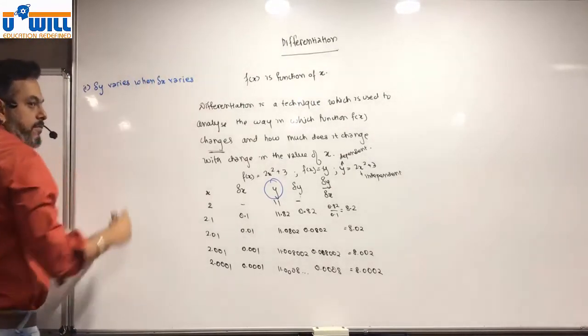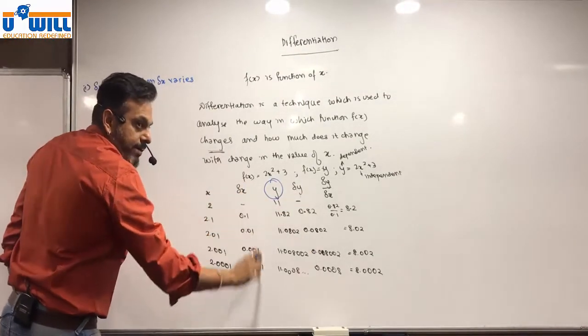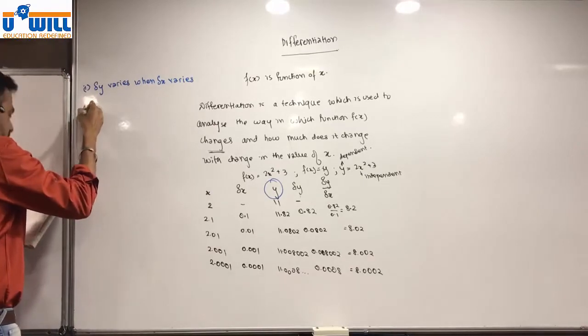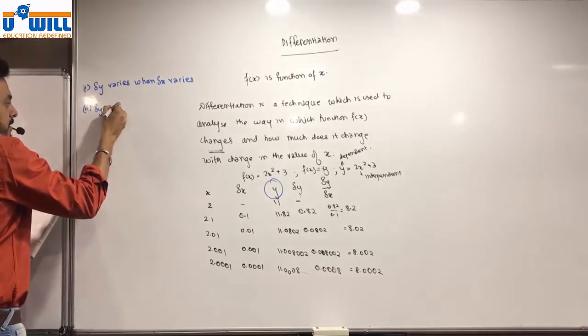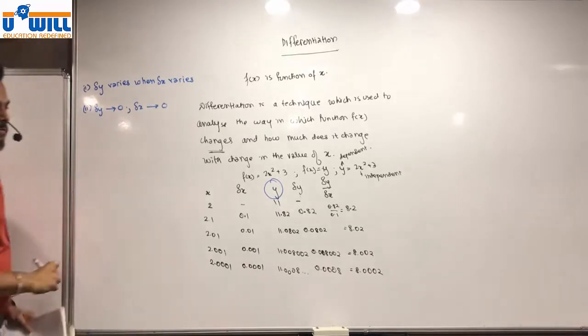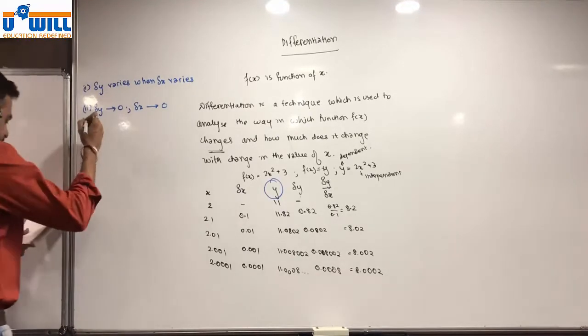You agree with this? Delta y will vary when delta x will vary. Then second, delta y approaches 0 and delta x also approaches 0. बराबर है? Okay.